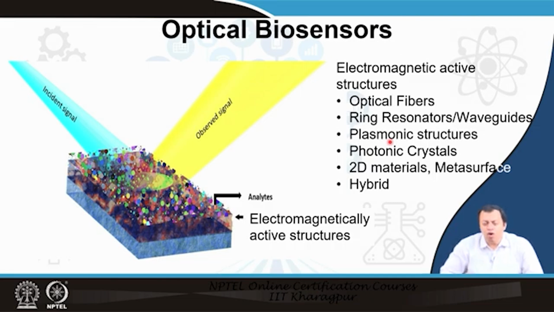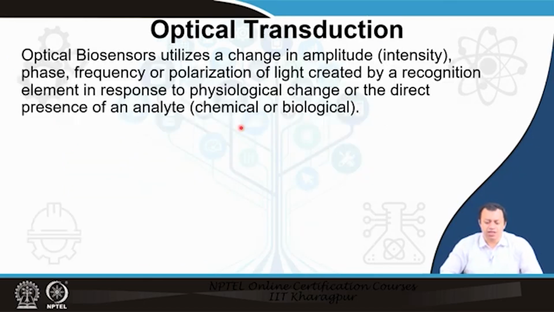You cover the material with some sort of an analyte, there is a change in refractive index resulting in a redshift in the observed signal, which in turn can be corroborated with the amount or the type of analyte present, right. A different type of analyte will give a different type of observed signal, and so on and so forth. It will go on and you detect it, you biosense it.